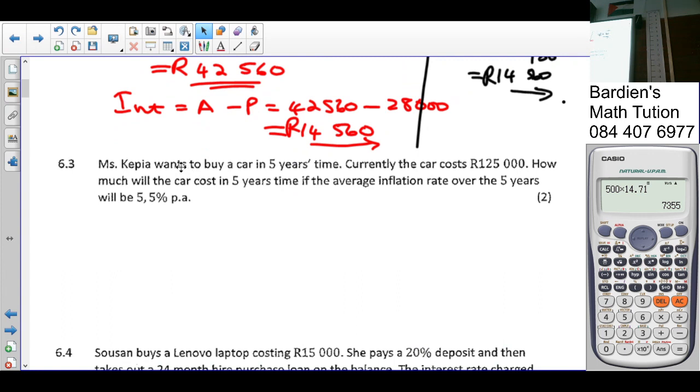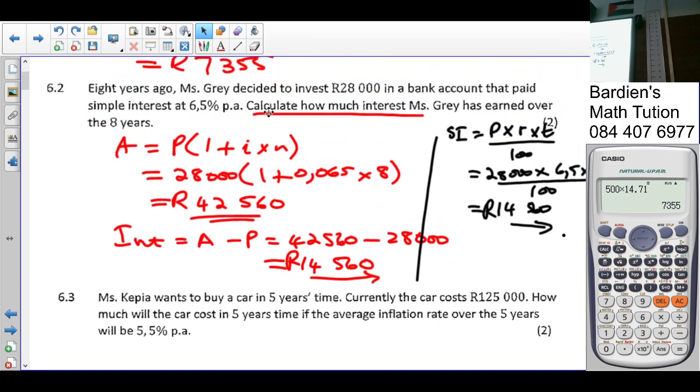Yes, Michael? Okay, let's read again. What does it say? Calculate how much interest. So if you're just going to do this part, what does this amount give us? That is the total amount that was earned. So are we supposed to subtract it?